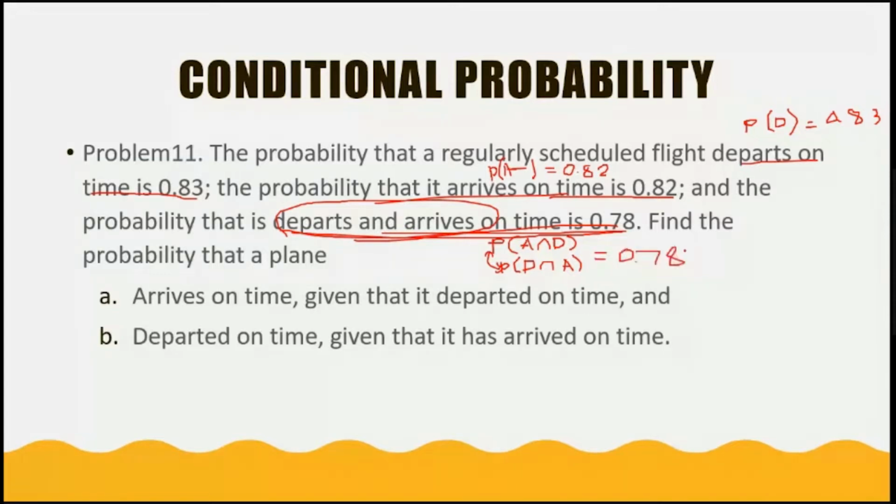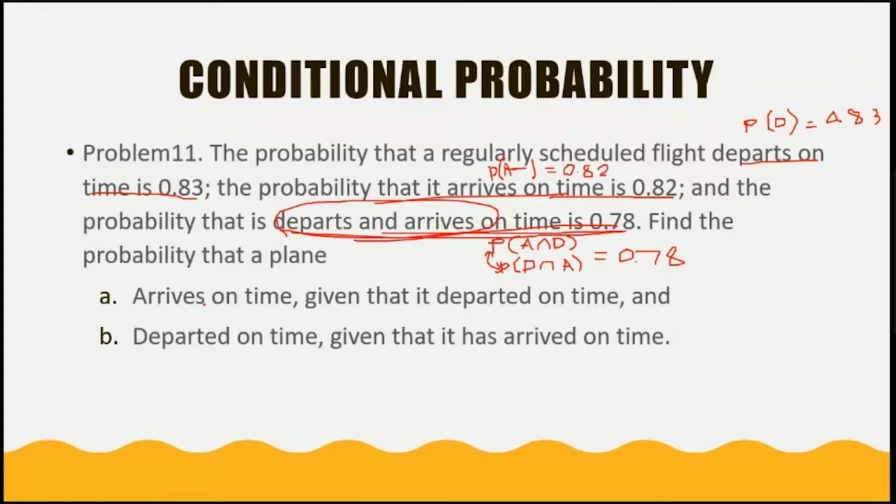Okay, so we now have the given values. P of D is 0.83, so the probability that the plane departs on time is 0.83. The probability that the plane arrives on time is 0.82. And the probability that it both departs and arrives on time is 0.78.